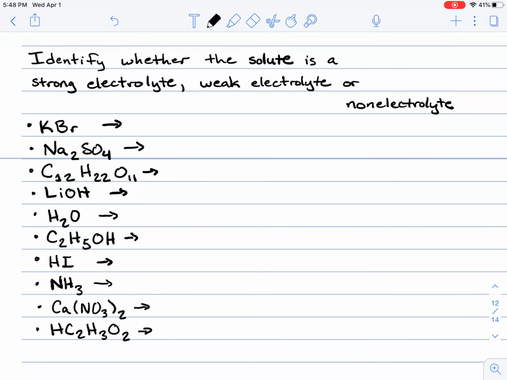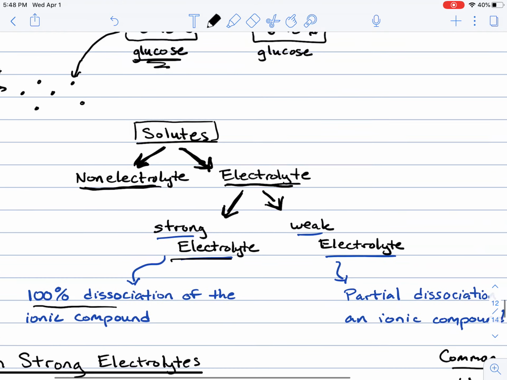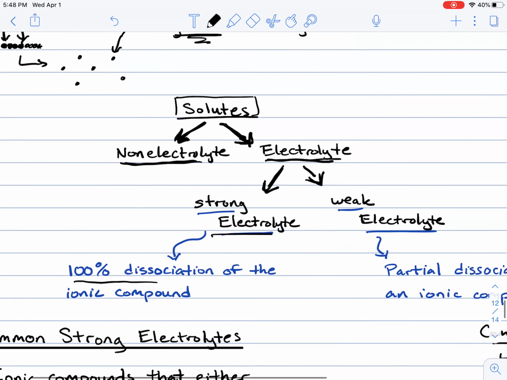All right. And so we're going to identify whether or not the solute is a strong electrolyte, weak electrolyte, or non-electrolyte. And so before we begin, to guide you as to how you can whittle these choices down, we're going to use this flowchart, right?